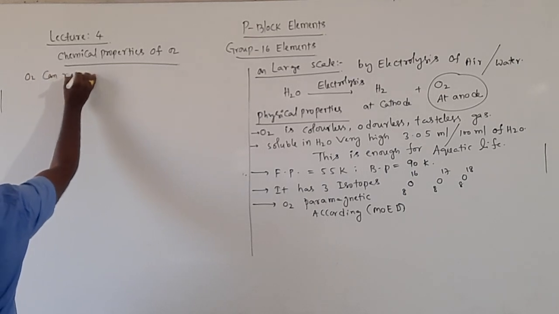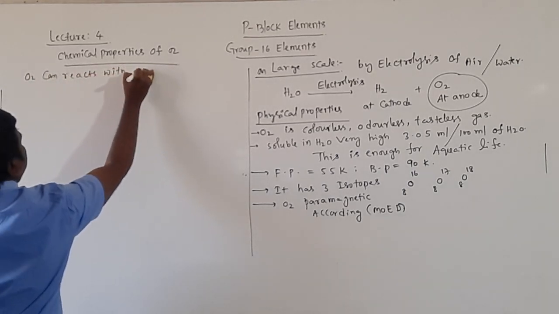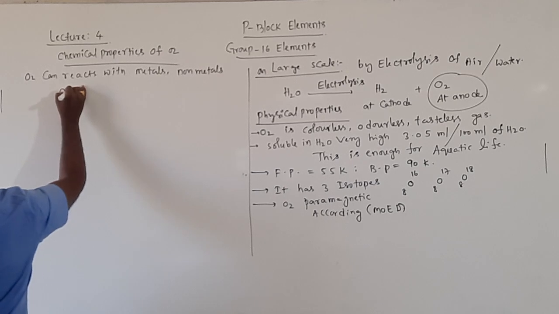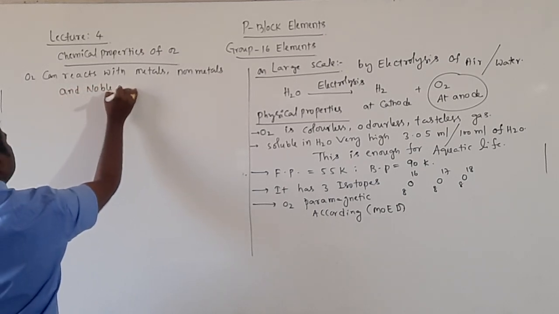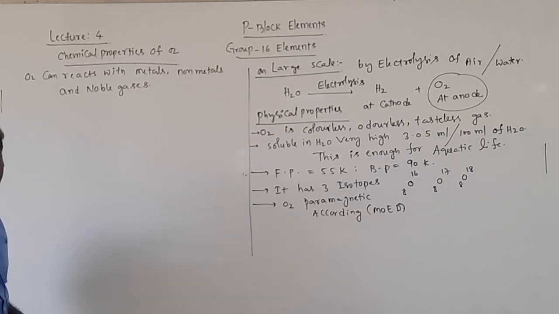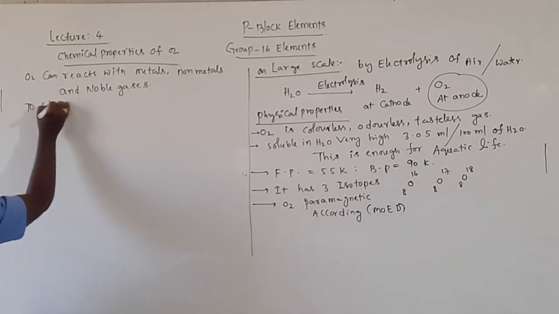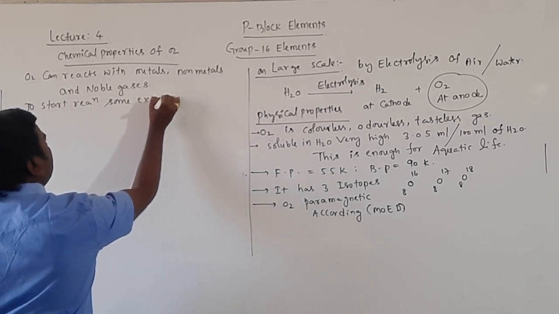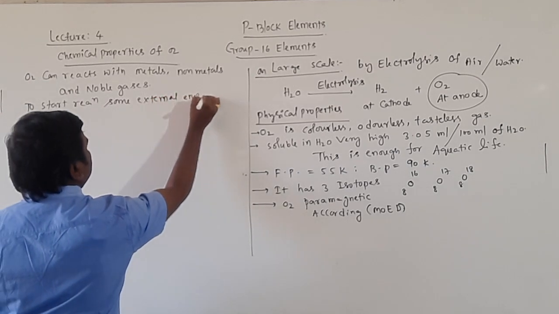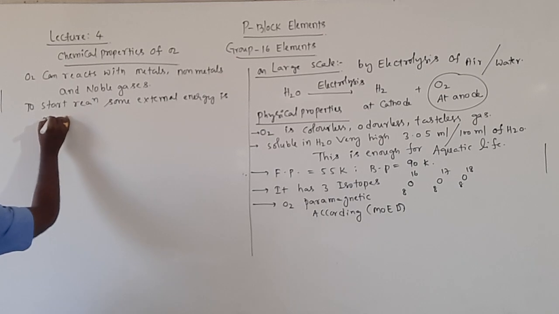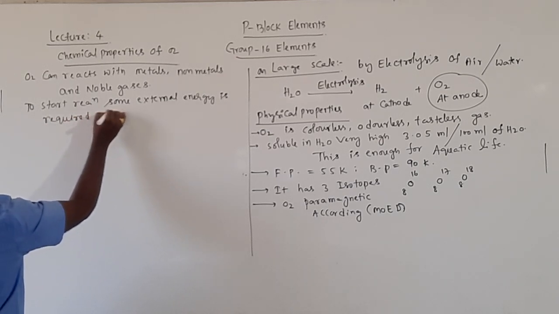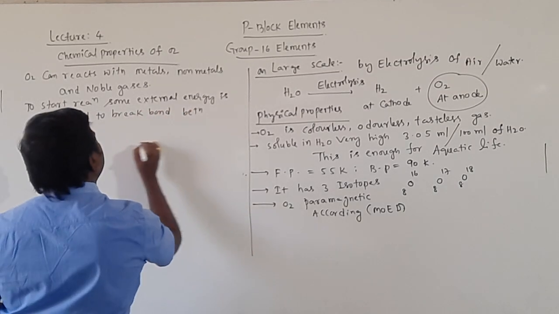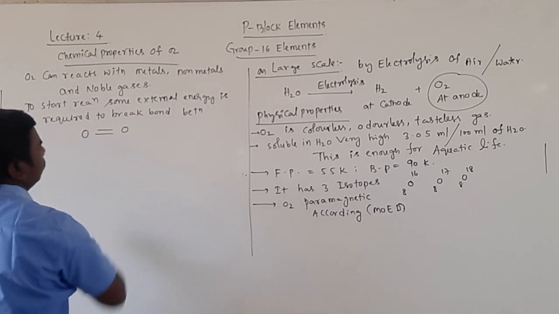Oxygen can react with metals, non-metals and noble gases. To start a reaction, some external energy is required to break the bond between oxygen and oxygen.